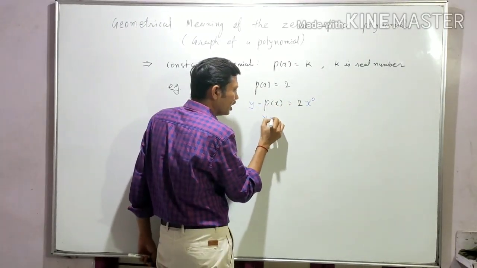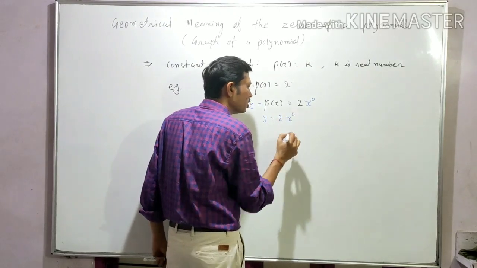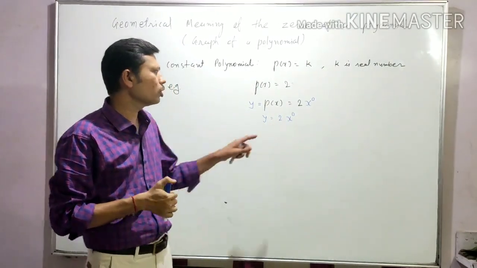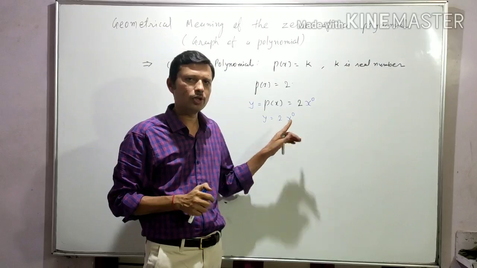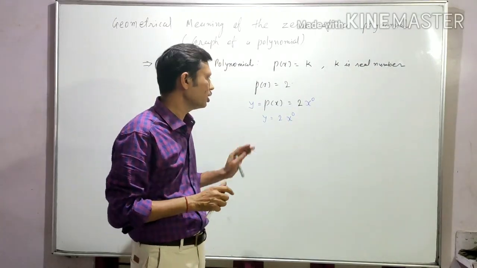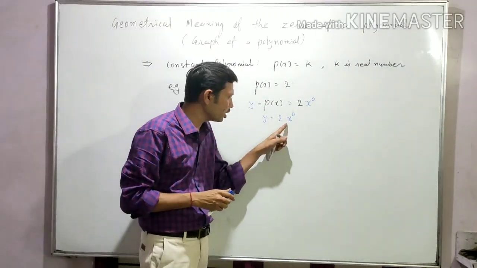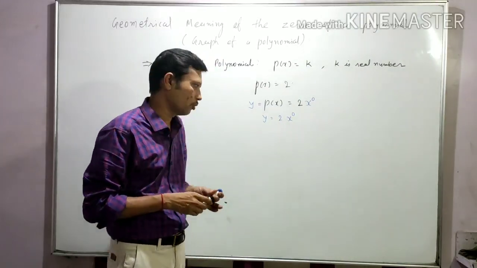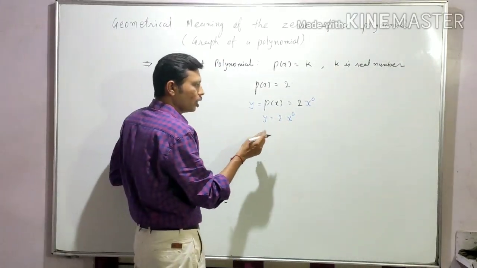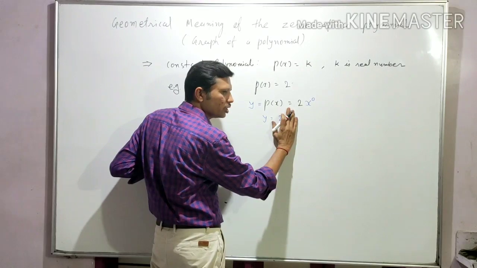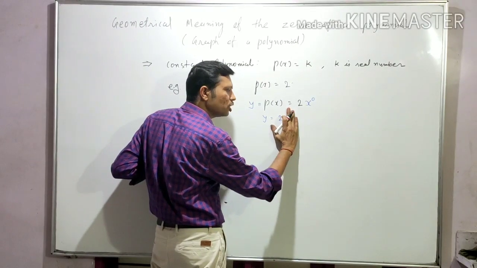So my equation is 2x to the power 0. No need to write x to the power 0, but to understand you better about all the calculation, I am taking the variable x to the power 0. Otherwise nothing is there, so it will be considered a 0 degree polynomial and the constant polynomial.